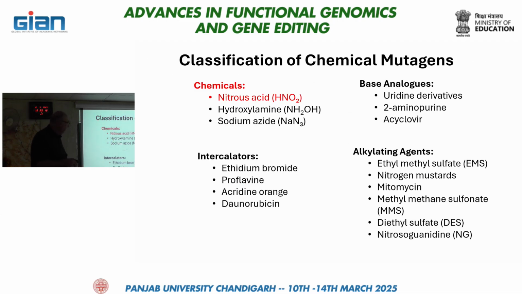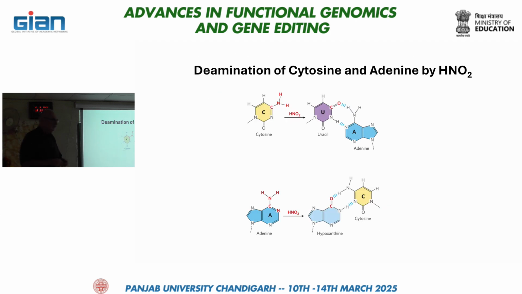And some chemicals. This is a big collection of different chemicals. I will describe HNO2, nitrous acid, and this is simple because nitrous acid causes deamination of cytosine and adenine.